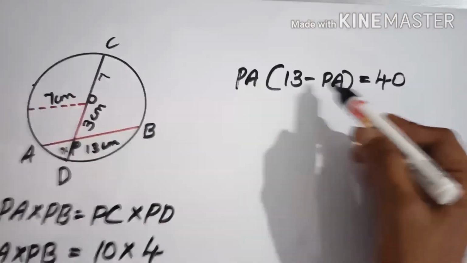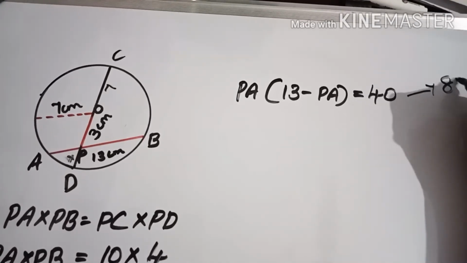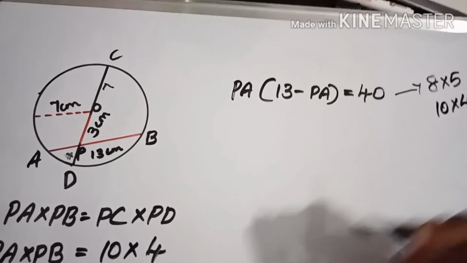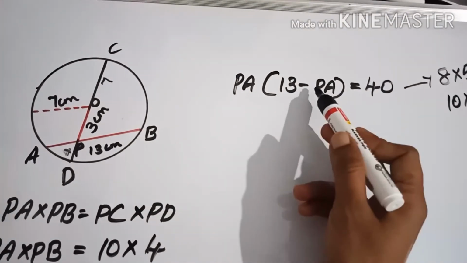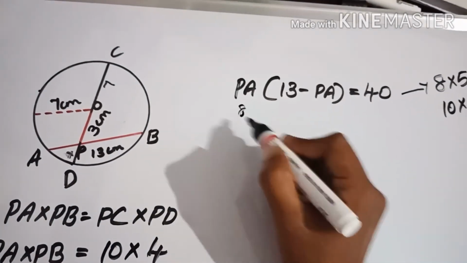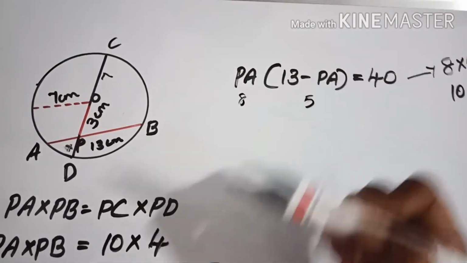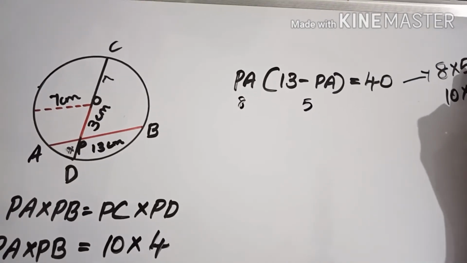The answer must be 40, so possibilities are 8 into 5, then 10 into 4. But 10 and 4 is not possible to take, because the two numbers must add up to 13. So here the only possibility is 8 and 5.